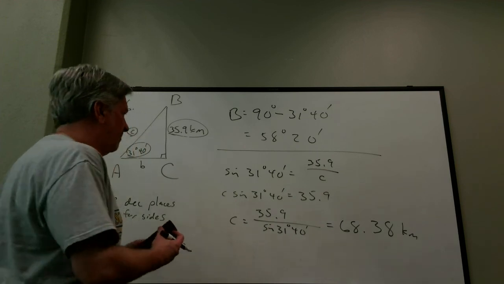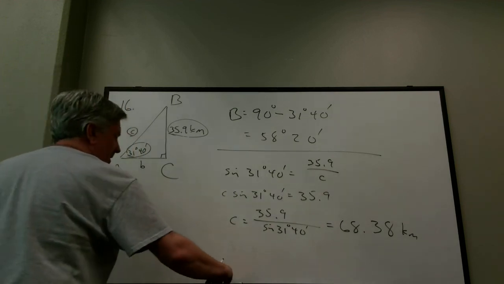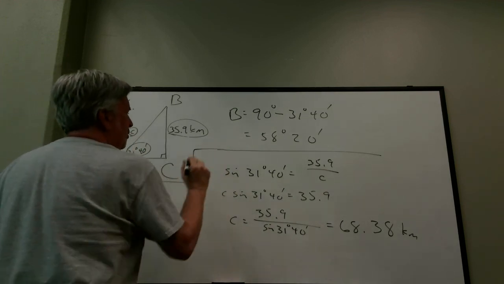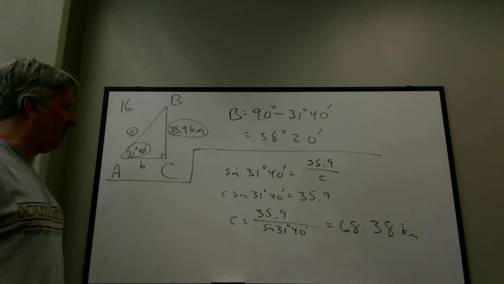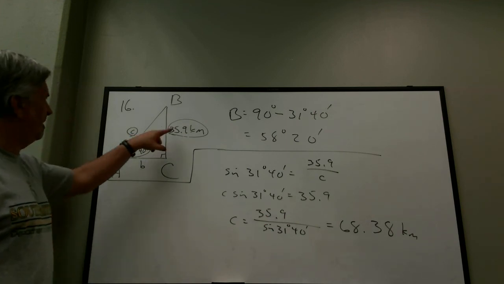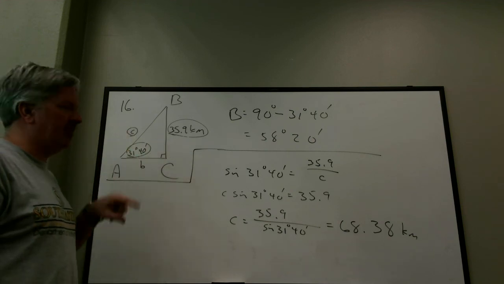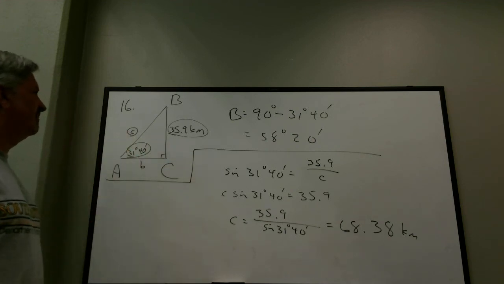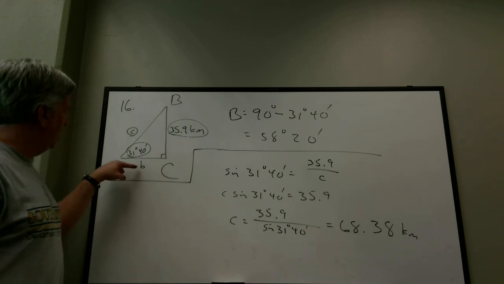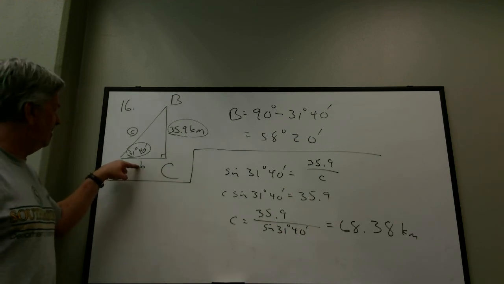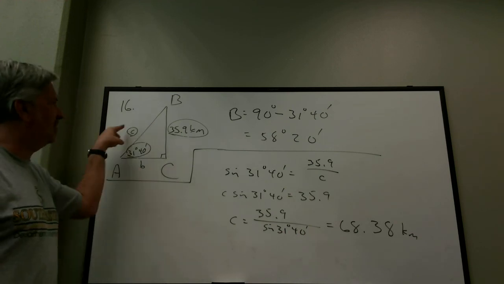Okay, and I kind of ran out of room. Now, if we wanted to use Pythagorean theorem now to find little b, could we? Sure, because I have side A, I have side C. You could use Pythagorean theorem to find b. Without doing the work, could you tell me, how does side B compare to side A and side C?